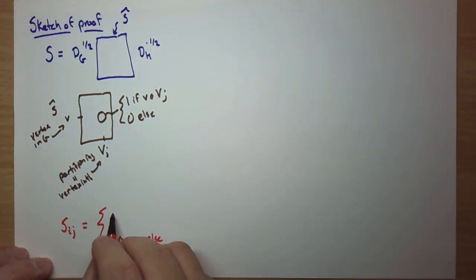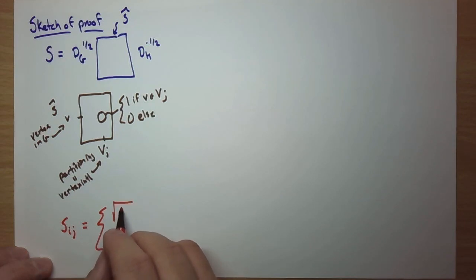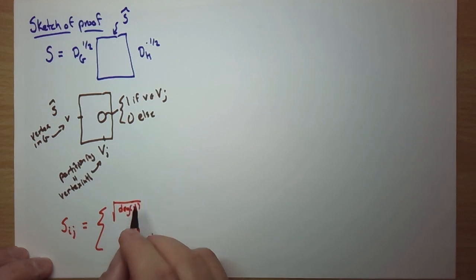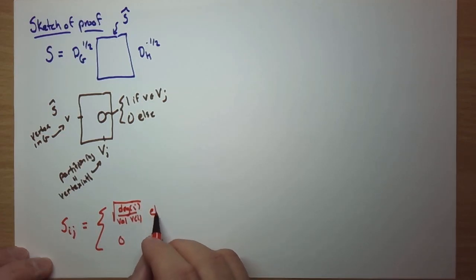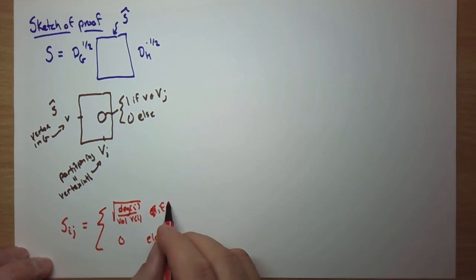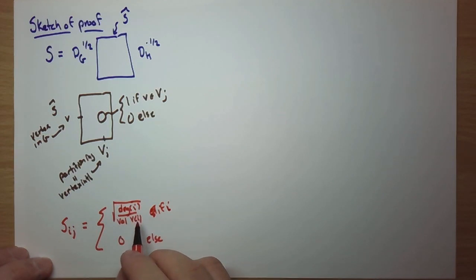And so this becomes the square root of the degree of vertex i over the volume of Vj, if i is in Vj.